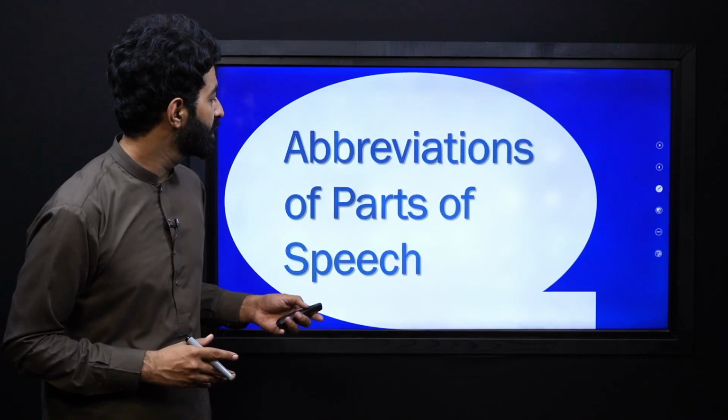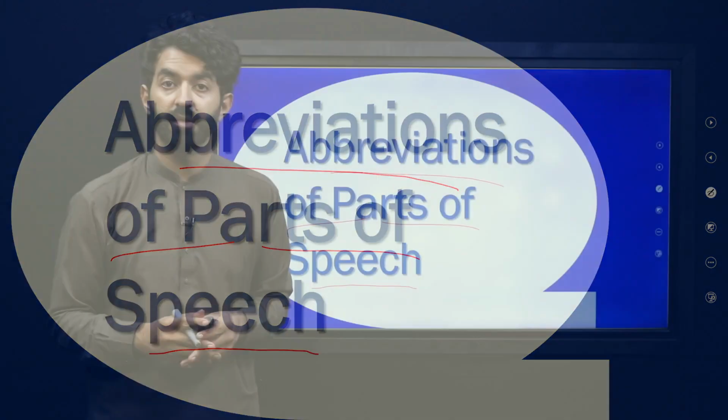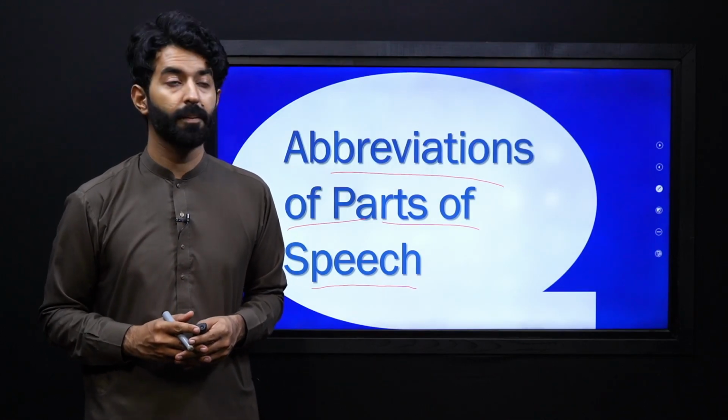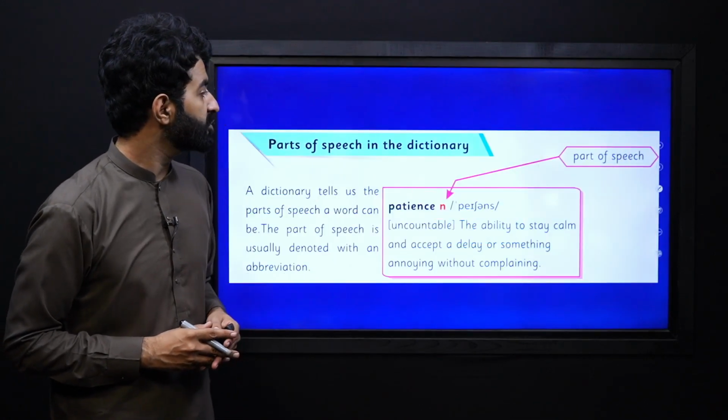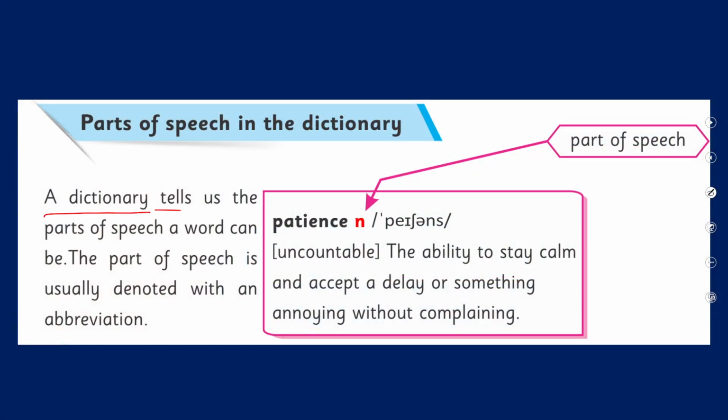My dear learners, abbreviations of parts of speech is our today's topic of the video. So parts of speech in the dictionary, let's look it up. A dictionary tells us the parts of speech a word can be. The part of speech is usually denoted with an abbreviation.